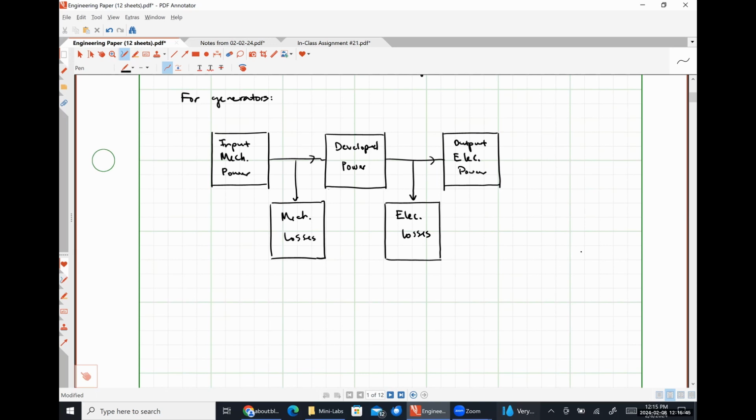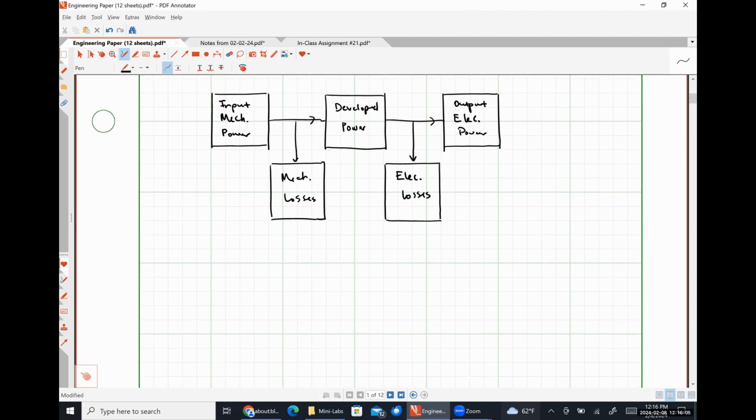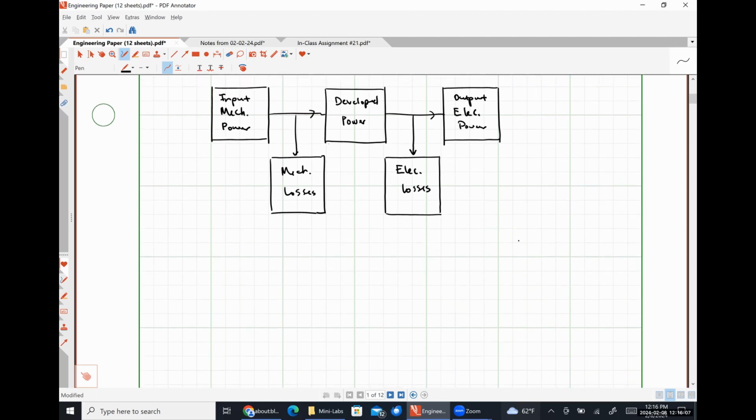If we're using the device as a generator, we know the mechanical power is the input. Okay, so I'm just putting things as generally as possible so that we really just have one set of equations, and we just need to know whether we're using the device as a motor or a generator in order to apply things correctly, okay? So let's start with our shaft power, okay?